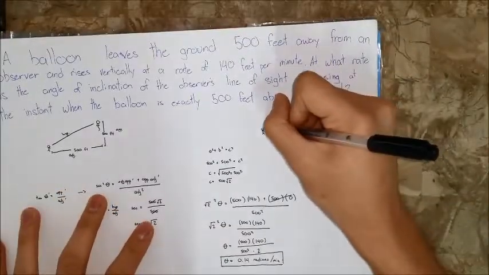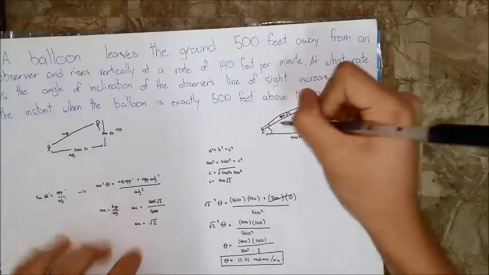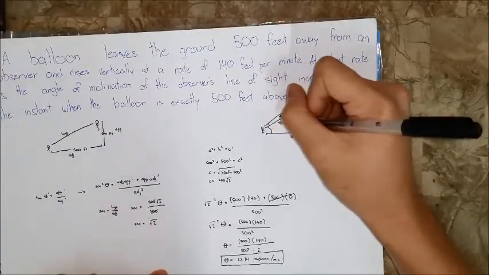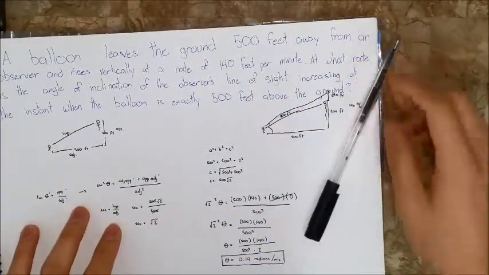So this is the new line of sight of the observer, which changes by 0.114 radians.